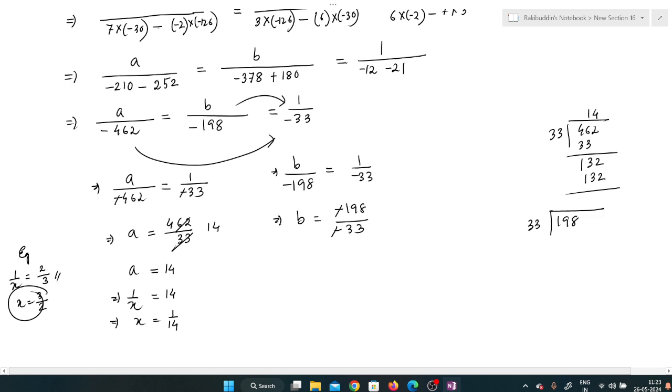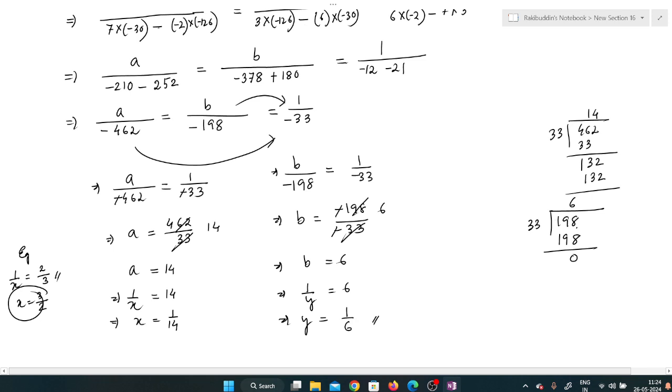Just instantly write at the side, make a rough column and then divide it immediately. It saves a lot of time. So 33 how much now? There is 198 here. So 33 6 times. 3 6 are 18. It becomes 19. So it is 6. So b is equal to 6. Now b is 1 by y. So y will be the reciprocal of 6, that is 1 by 6.